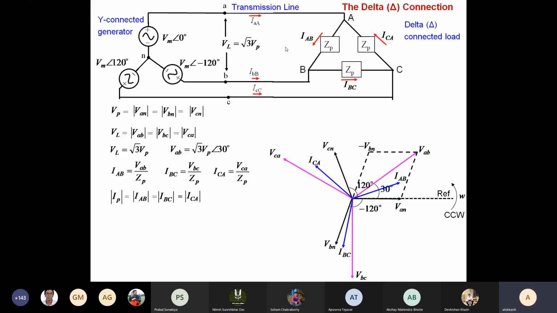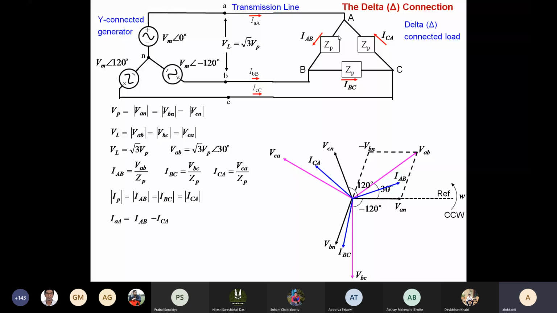Suppose we apply KCL at node A. IA is the current going in, plus ICA minus IAB equals 0. So IA equals IAB minus ICA. The line current IA is equal to IAB minus ICA.